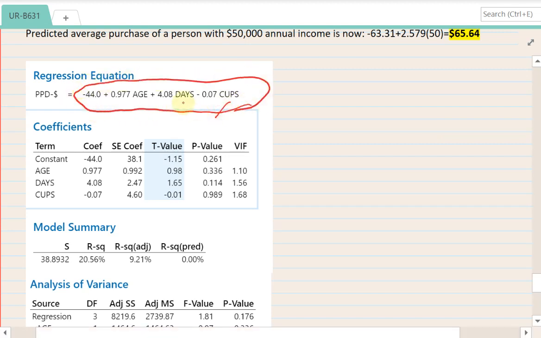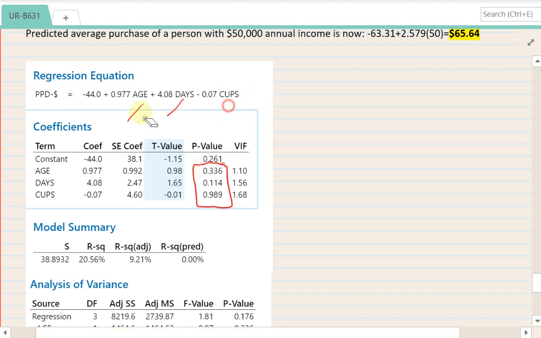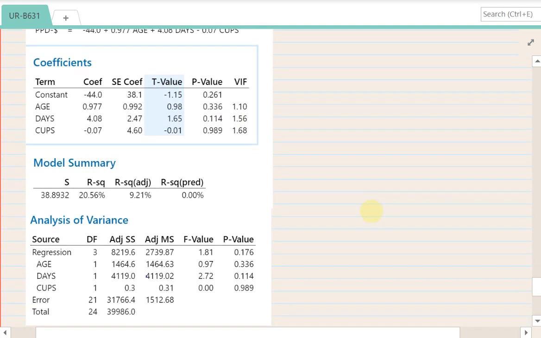The not so good predictors are all in there together. Now, look at the p-values. When you take income out, this model actually is going to be a very poor model for prediction. And that is actually found through the new R squared.